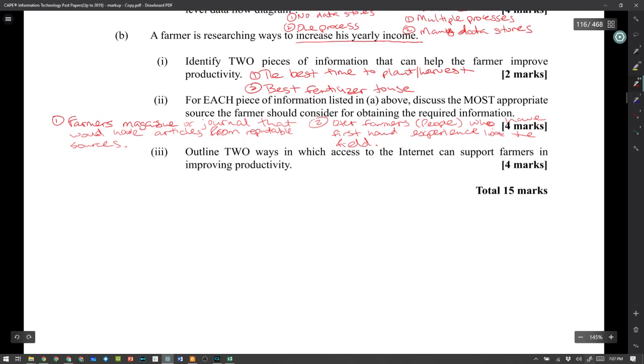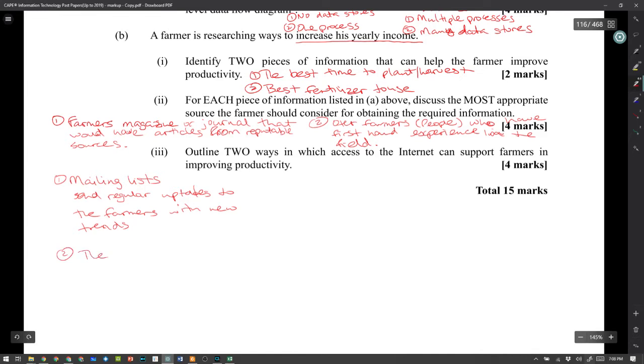Outline 2 ways which access to the internet can support farmers in improving productivity. Alright, we could have mailing lists that send regular updates to the farmers with new trends.